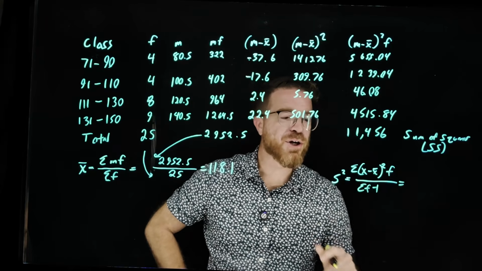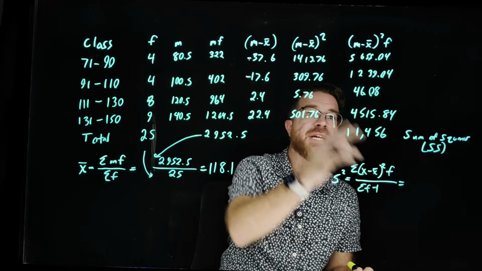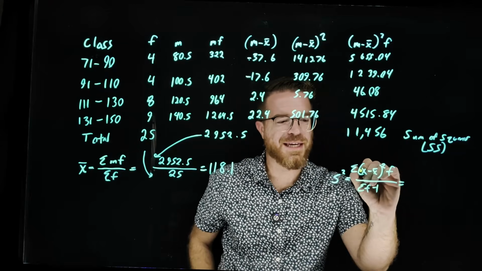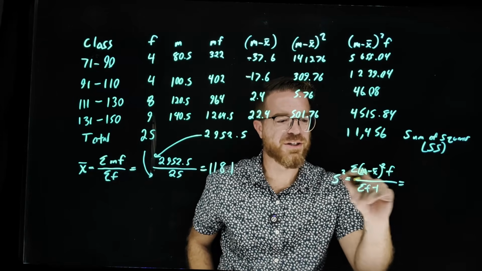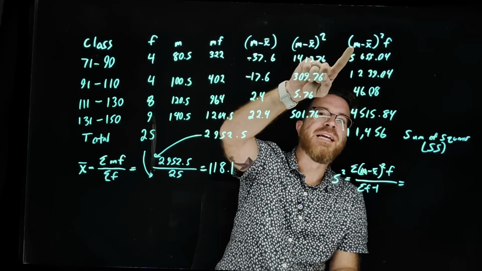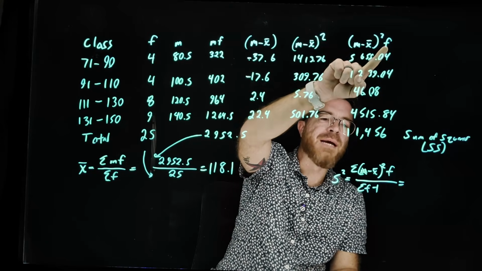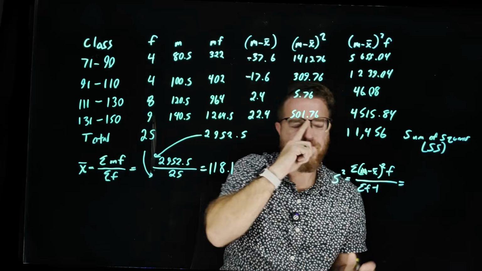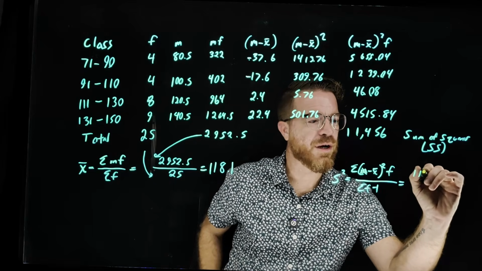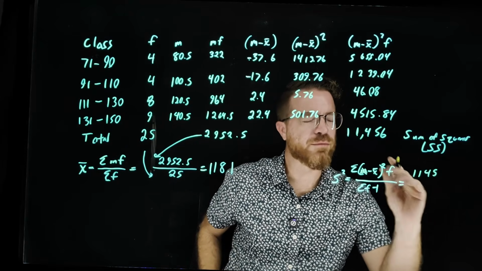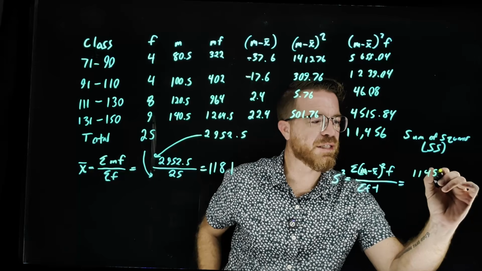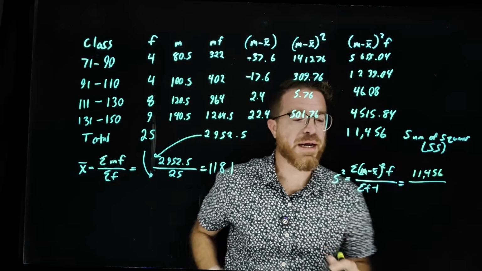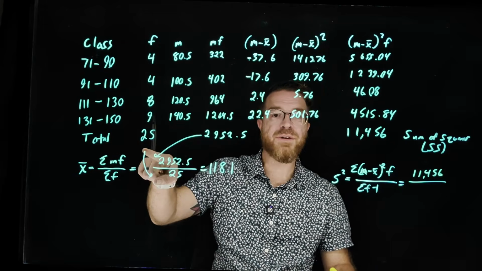So this top term is just our sum of squares. It is, so in this case we used m, so I'm just going to correct this real quick just so that it doesn't throw anyone off. It is the sum of m minus x bar squared times the frequency. That's this value right here, the sum of squares. So this is going to be 11,456 divided by the sum of our frequencies, which is 25 minus 1.